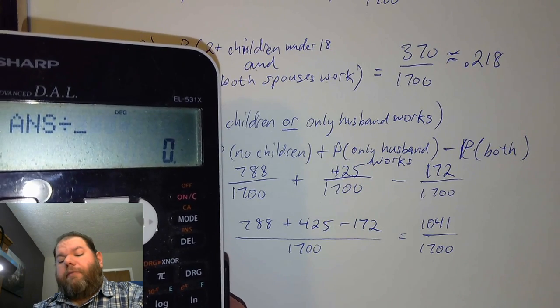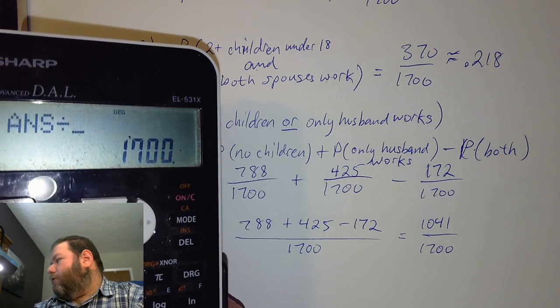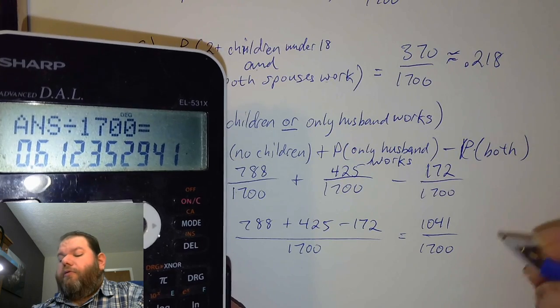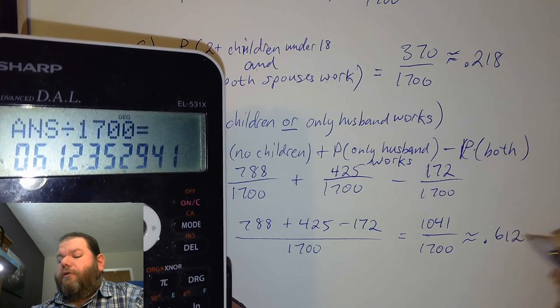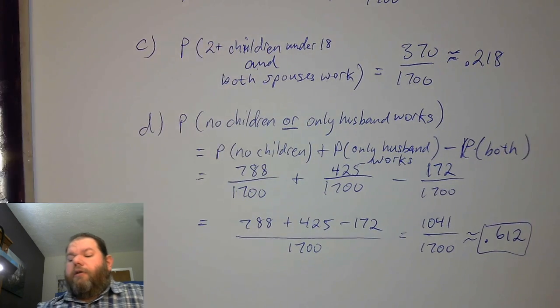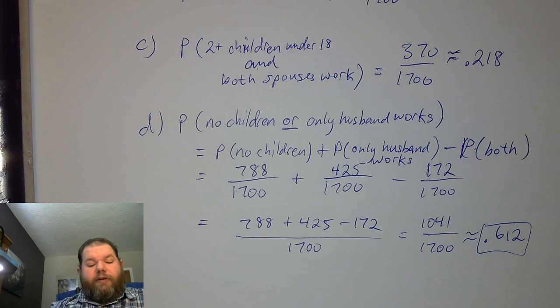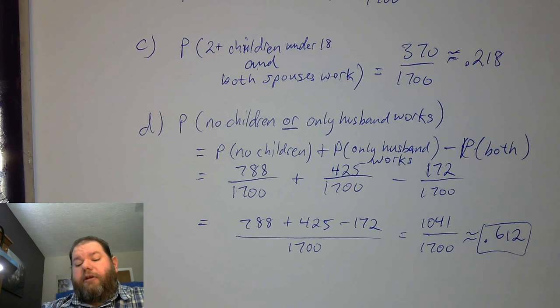And then we divide that by 1700, which gives us 0.612. So in just over 61% of the couples surveyed, either they had no children or only the husband worked.